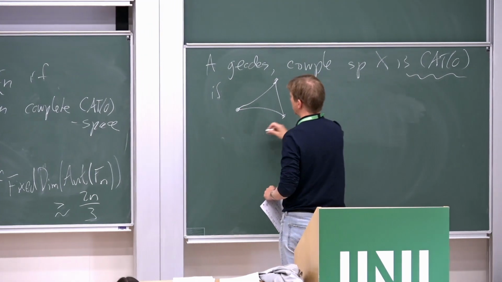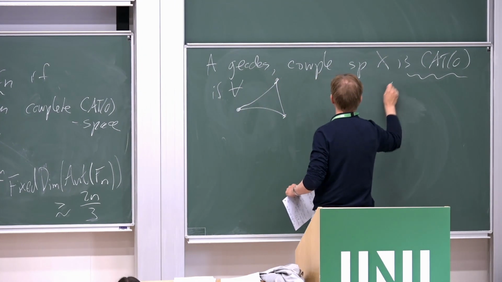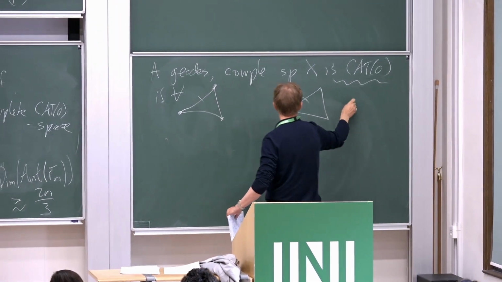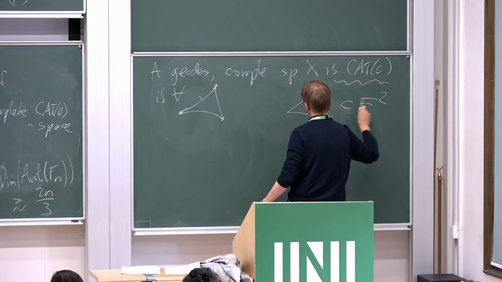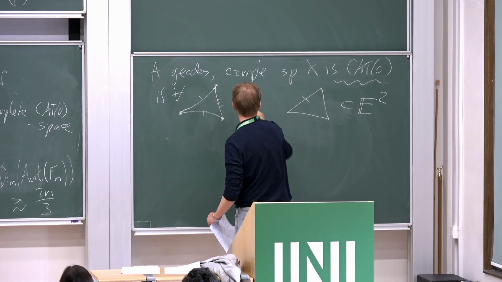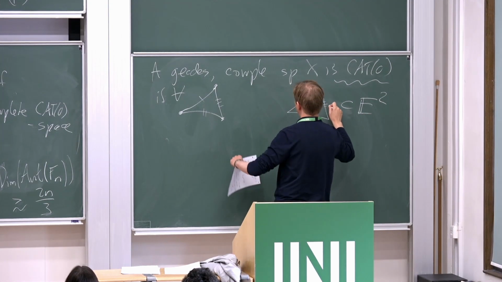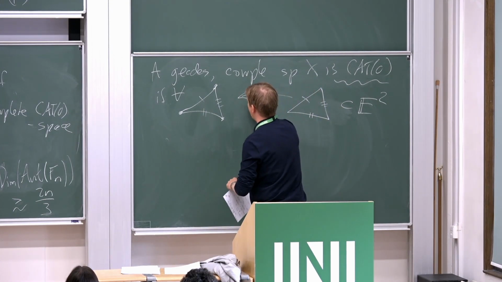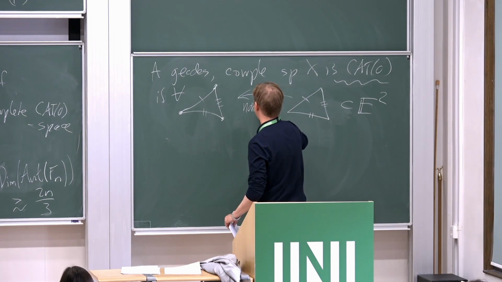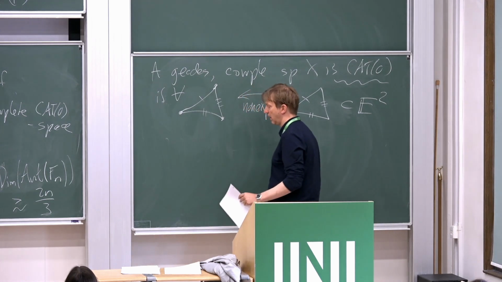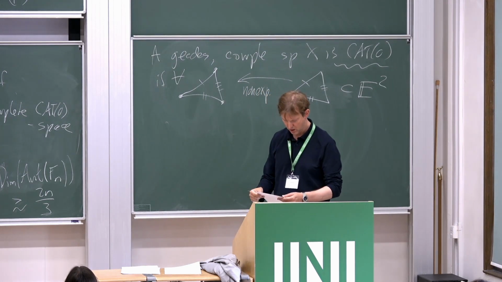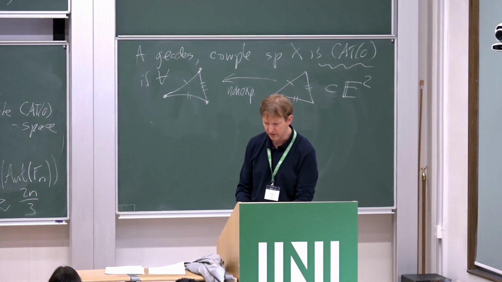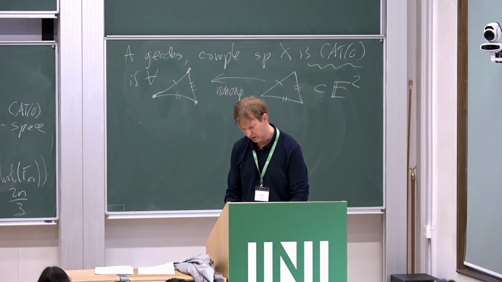By Euclidean geometry, for any such triangle, there is a comparison triangle in Euclidean two-dimensional space with the corresponding lengths. And now it insists that you have a map from the sides of this triangle, and you insist that this should be non-expansive. So that's one definition.